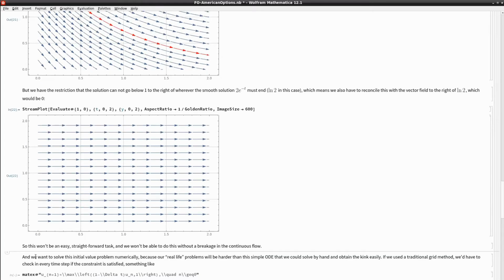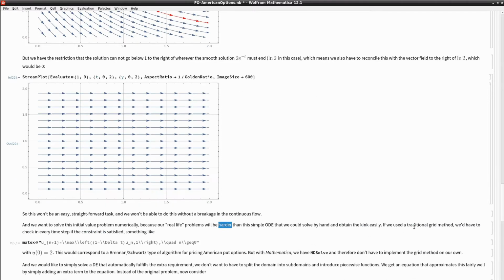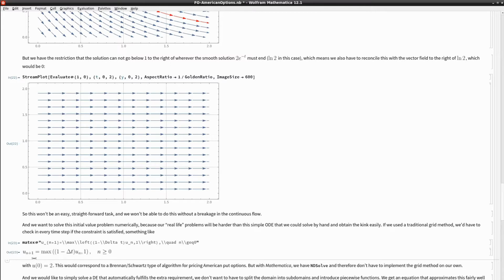So next requirement, we want to solve this initial value problem numerically because our real-life problem will be much harder. And if we used a traditional grid method, we'd have to check in every time step if the constraint is satisfied. That's kind of problematic, right?